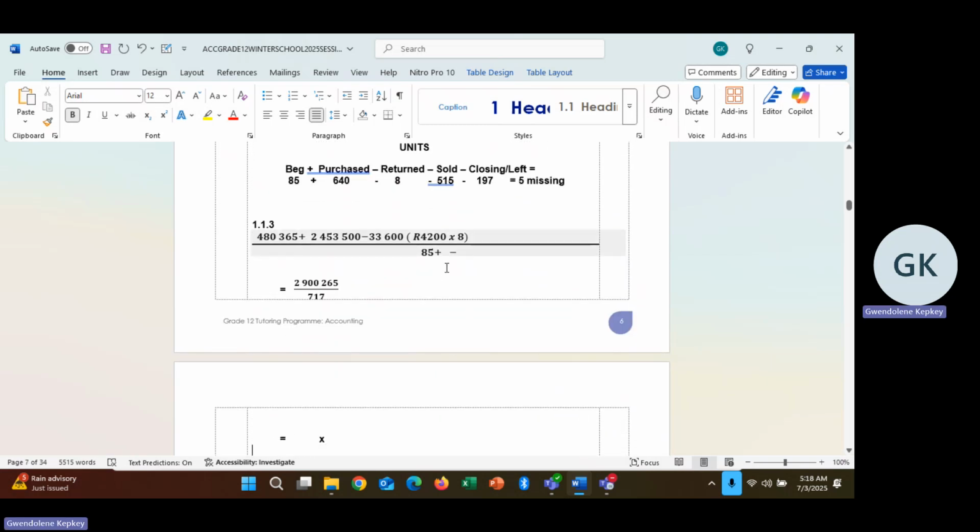Okay, so it's 85 plus I have purchased 640 items, and I have returned 8.